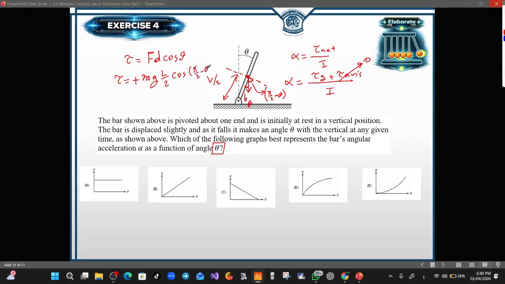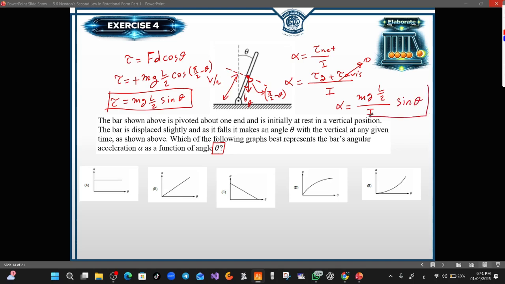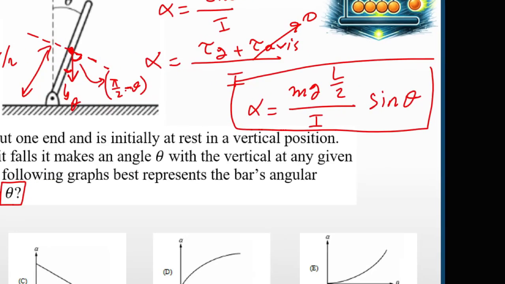But we know that cosine of pi over 2 minus theta can be written as sine of theta. Let's use it back in the formula, and alpha equals mgL over 2I times sine of theta. The only variable in this equation is theta.